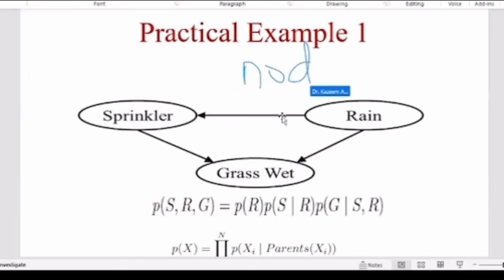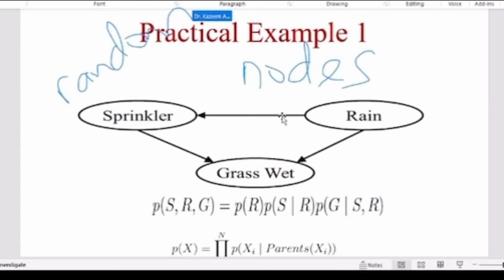Nodes represent random variables. Of course, the next chapter in this course is going to be random variables. By random variable, we're trying to say, for example, the use of the sprinkler varies depending on the weather condition.